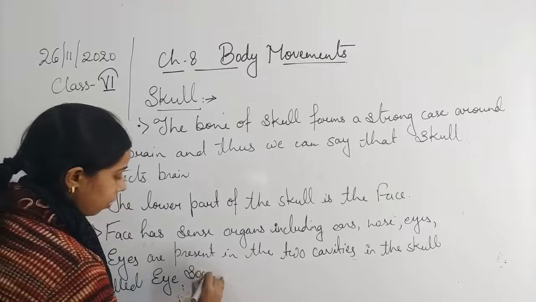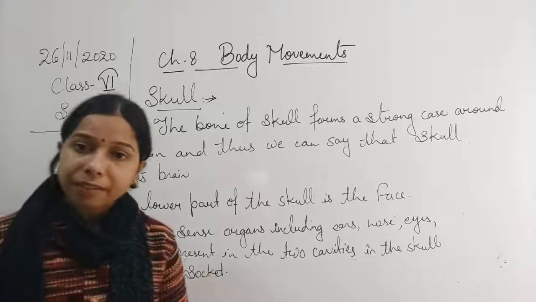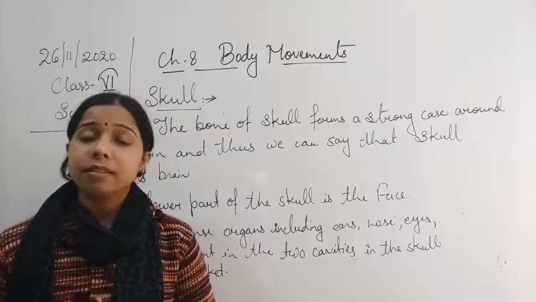Eye socket. So two cavities are present in the skull, and they are known as eye sockets.